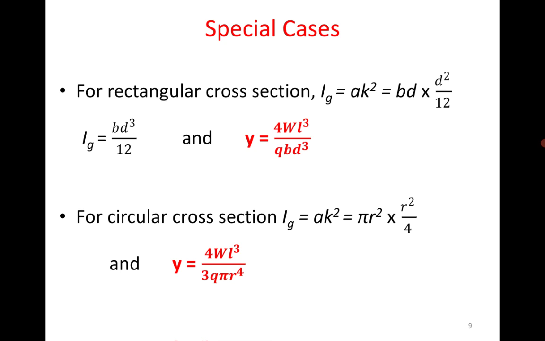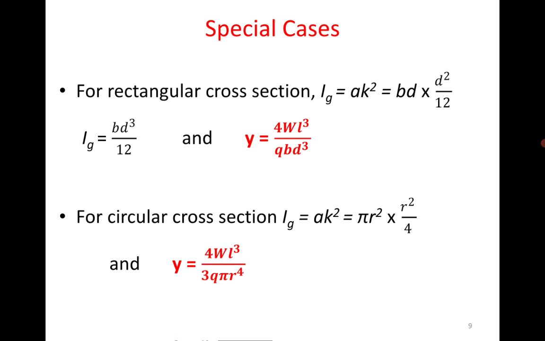A is equal to bd and K square is equal to d square by 12 for this rectangular cross section. Therefore, Ig is equal to bd cube by 12 and y is equal to 4WL cube by Qbd cube. Here W is given by the mass attached to the free end into acceleration due to gravity, W is equal to Mg.